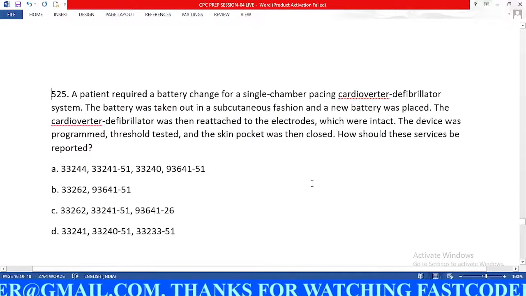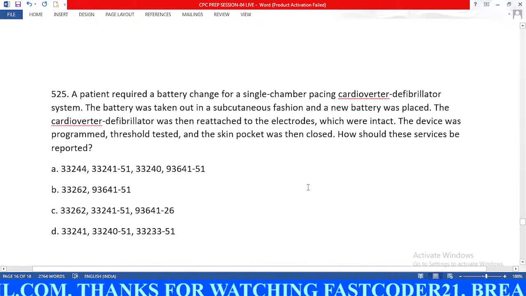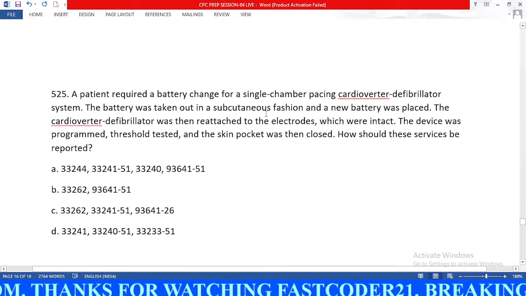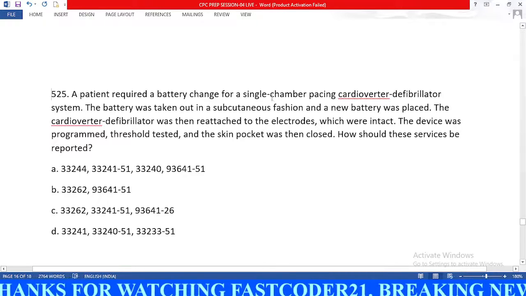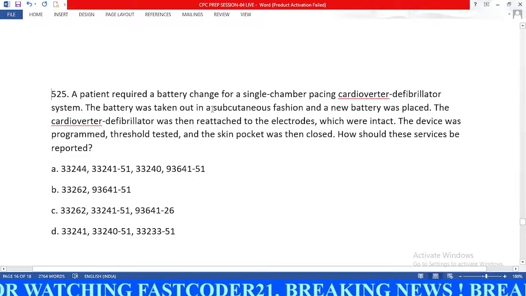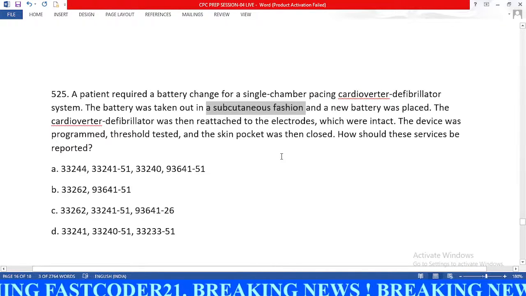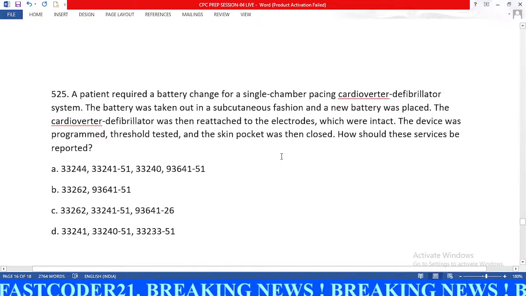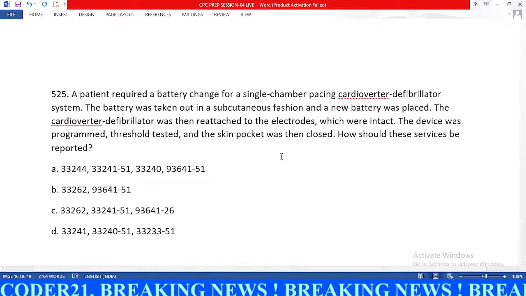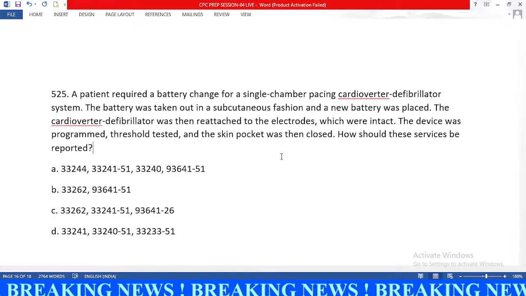So using the vein procedure, the physician has removed the battery. Here it is not mentioned transvenous. Here the physician has taken it out using the subcutaneous fashion, not using the transvenous extraction. Transvenous means through the artery or vein, the physician will remove the battery.